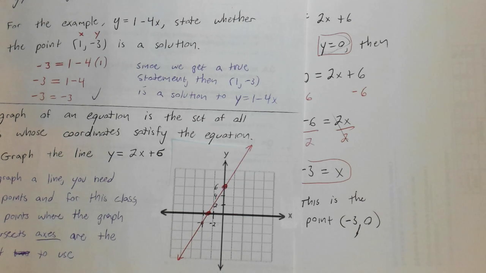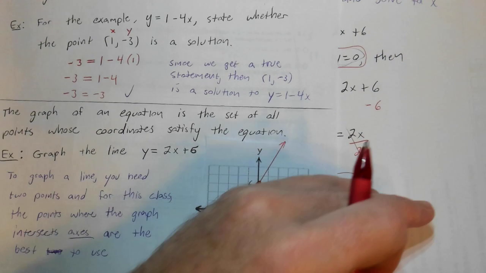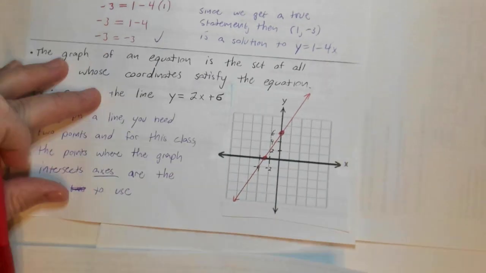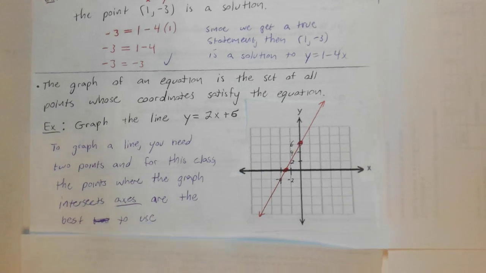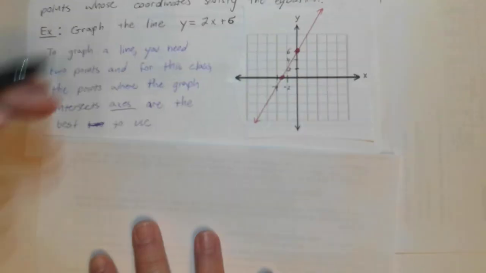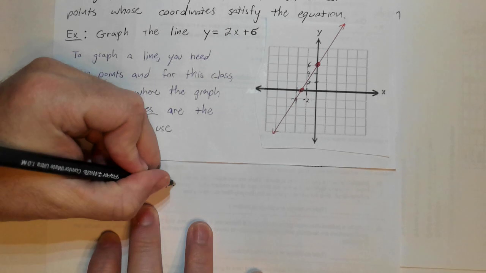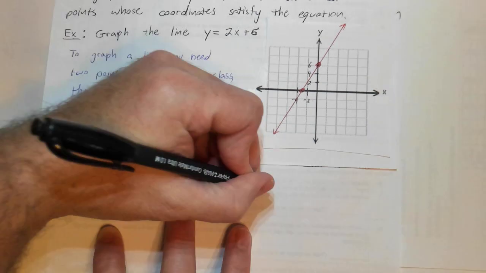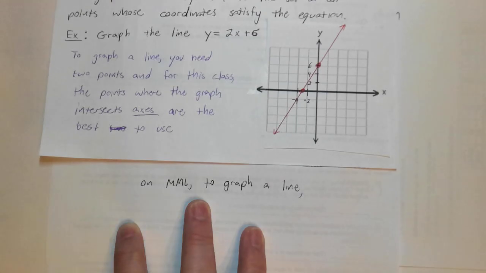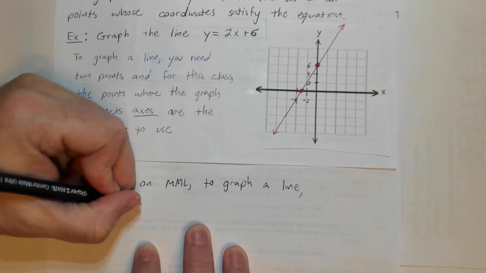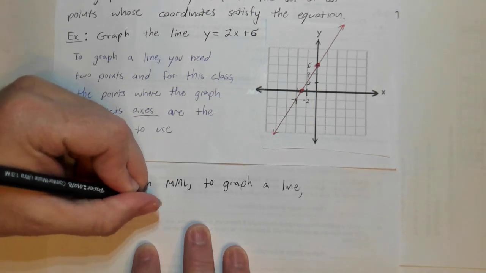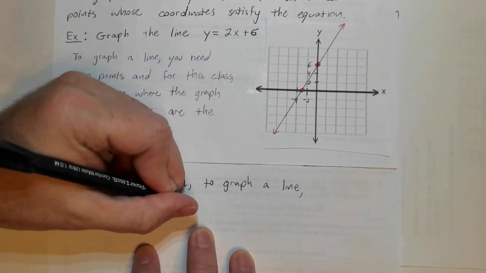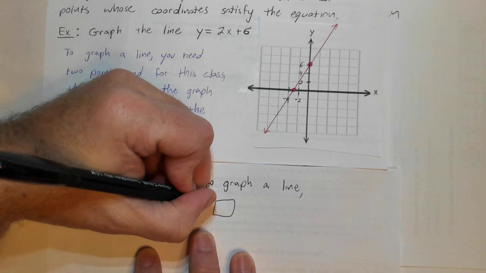Now, on my math lab, to graph a line, you'll figure this out, but let me walk you through it. On my math lab, to graph a straight line, you first click a button that looks like a line.